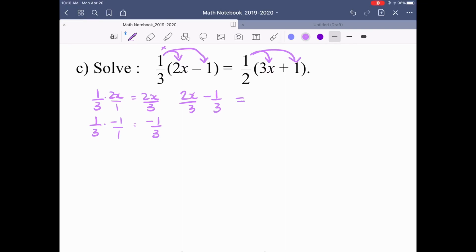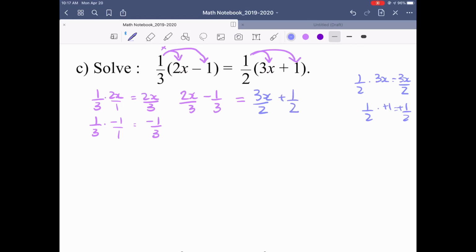And then equals, and if we do this side, 1/2 times 3x is 3x over 2. And then 1/2 times +1 is just +1/2. So then this would be 3x over 2 plus 1/2.